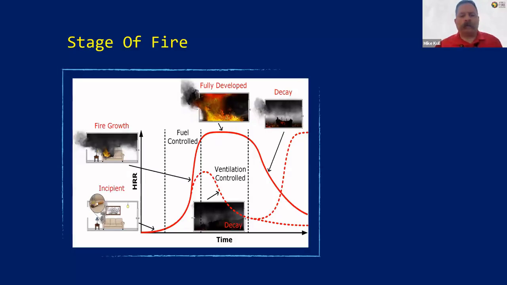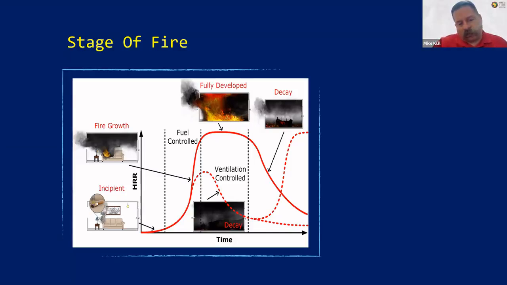Flames are spreading, right? If you look at this growth chart here, you can see that lower line is showing as it passes through the growth stage and it's getting close to the fully developed stage. If it's a ventilation controlled fire, if the amount of oxygen available is what's controlling that fire, the fire is going to die down a little bit faster.